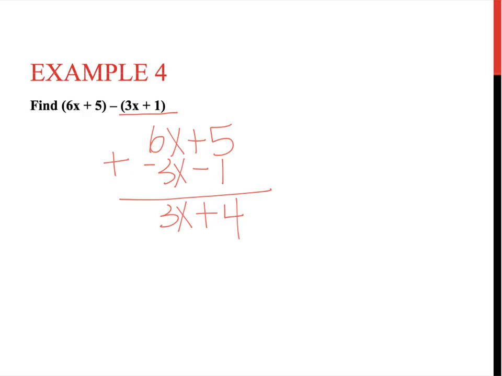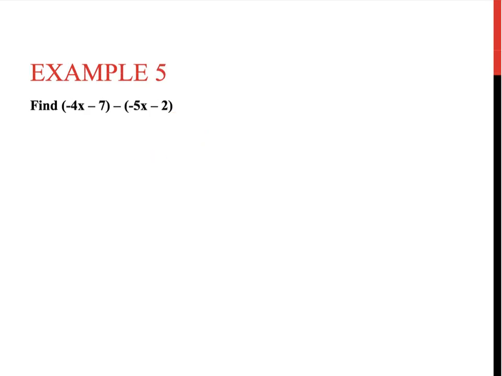So now let's go on to example 5. And I'm not going to use a model again, so I'm going to write negative 4x minus 7. Now remember, I have to add the opposite of this. So the opposite of negative 5x is positive 5x. And the opposite of negative 2 is positive 2.